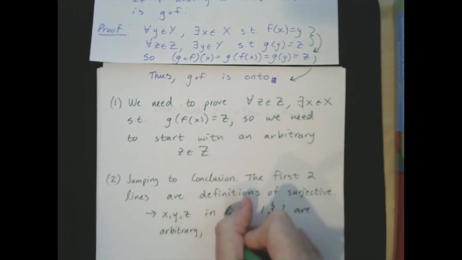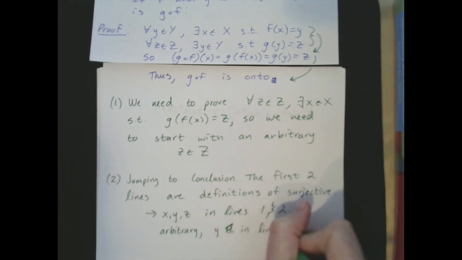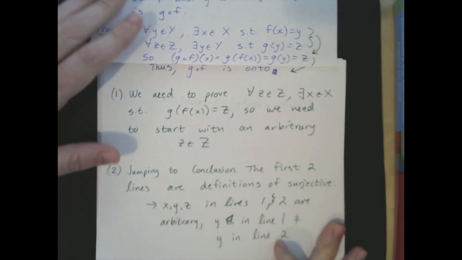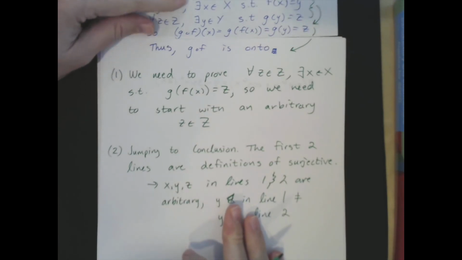So y in line 1 does not equal the y in line 2. We have no reason to think it should, because we just restated definitions in lines 1 and 2.